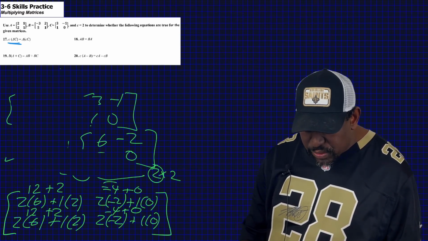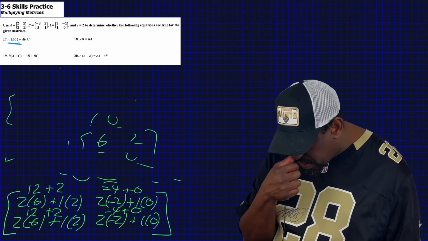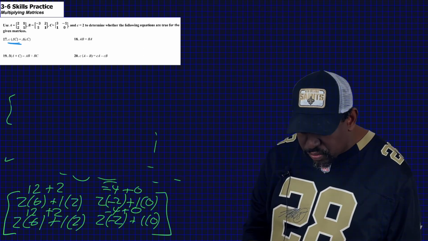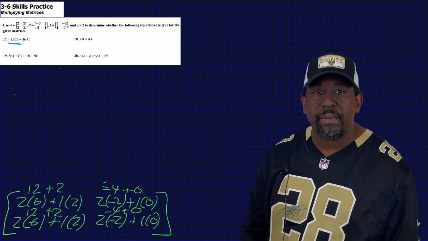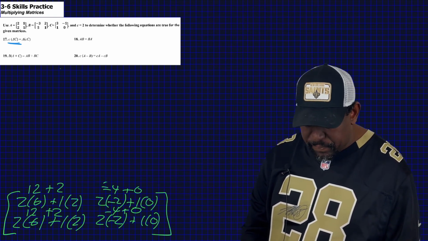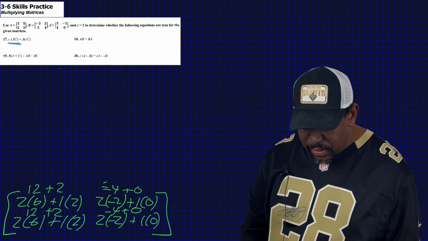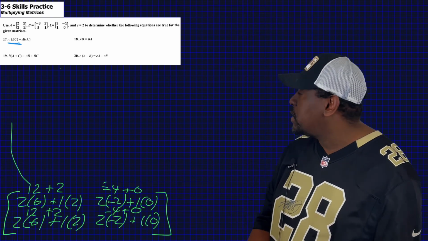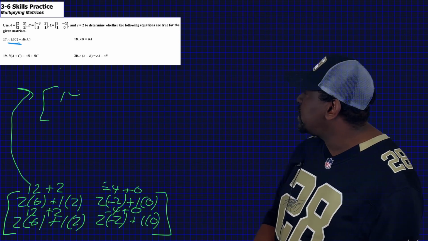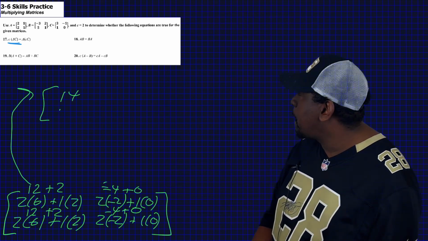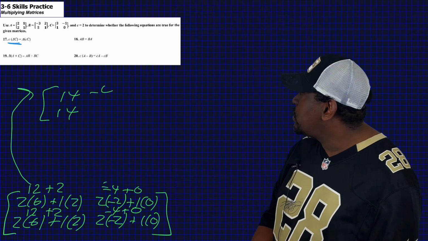And then once we do that, we create our final answer for this matrix. We can see it already while the NOLA MATHMAN is erasing. We will get 14, negative 4, and we will get 14, negative 4.